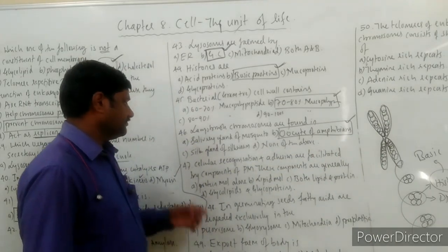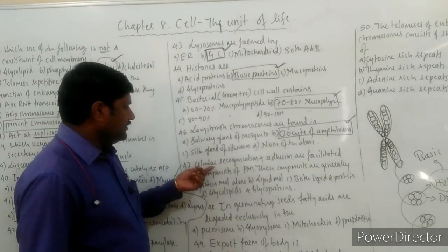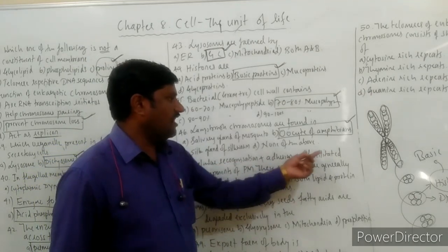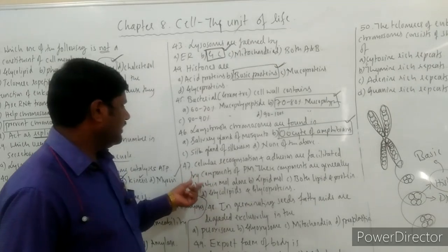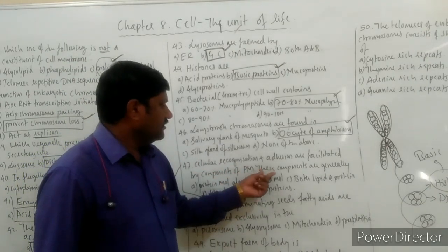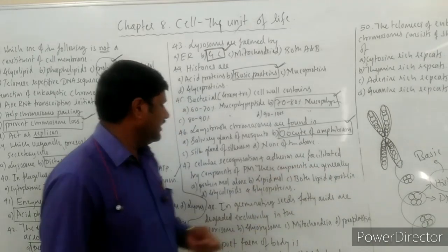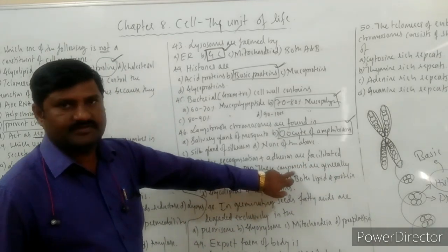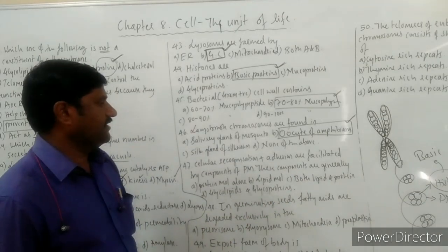Next question. Cellular recognition and adhesion are facilitated by components of the plasma membrane. What are these components actually? He is asking.